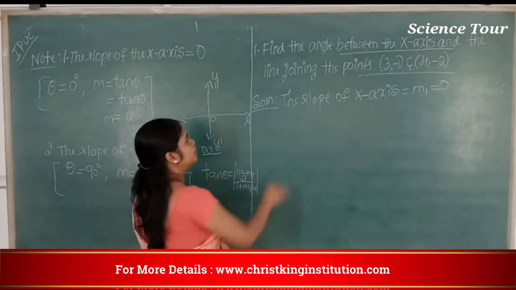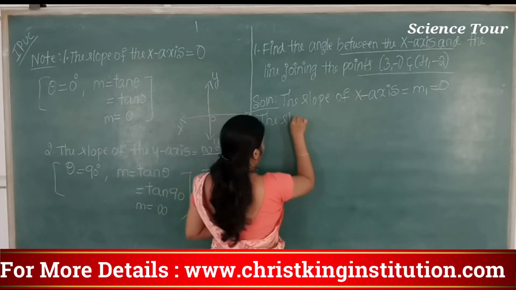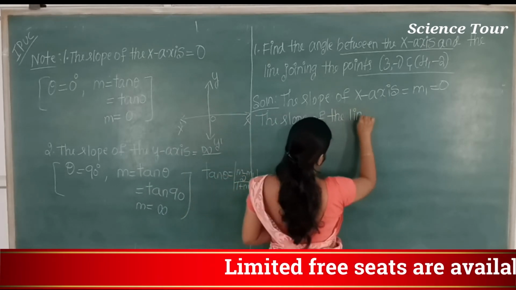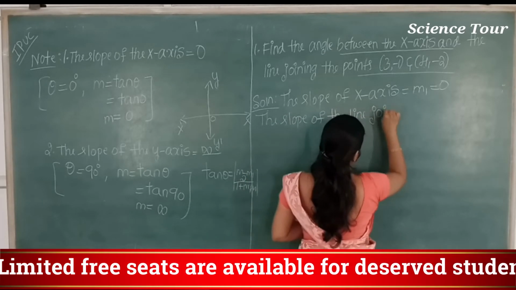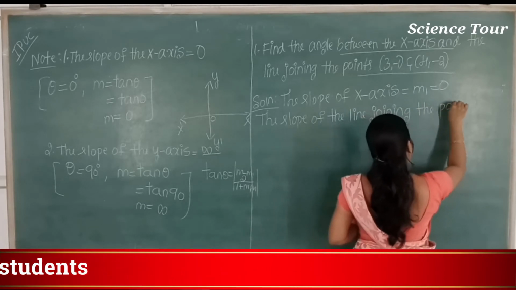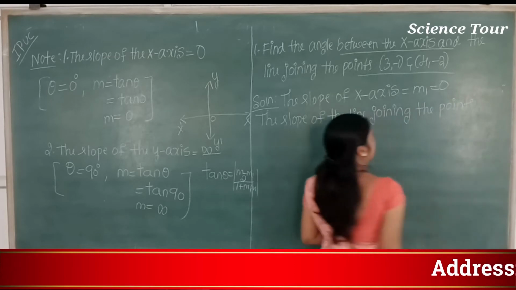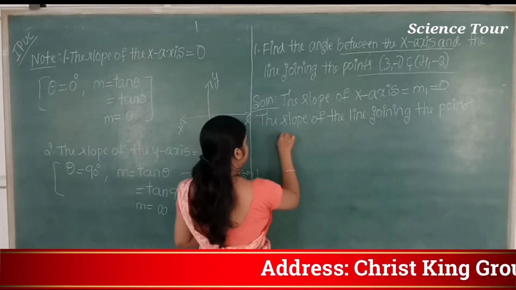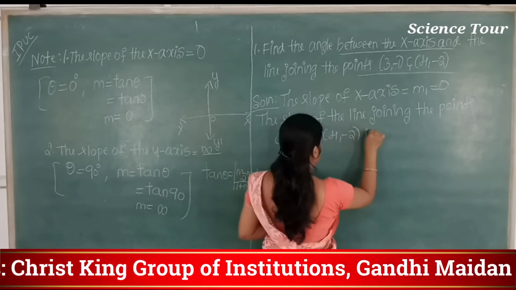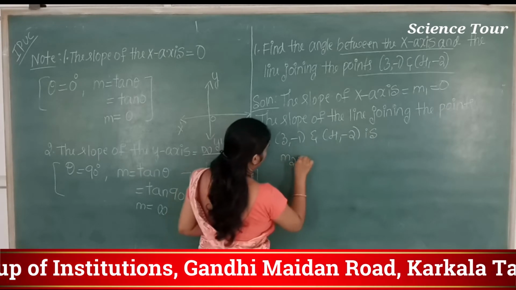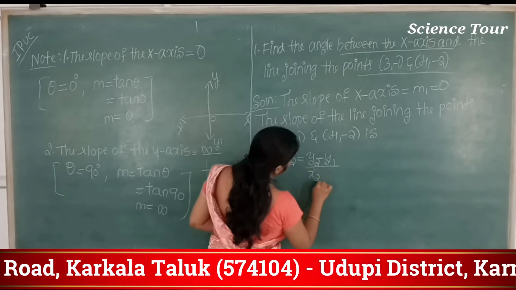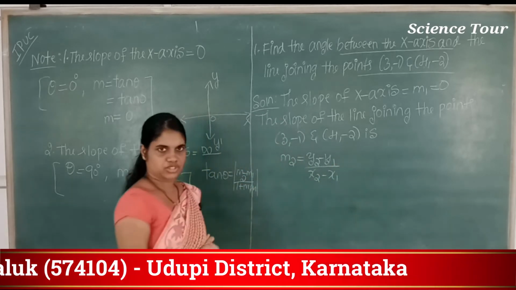The slope of the line joining the points 3 comma minus 1 and 4 comma minus 2 is m2 is equal to, what is the formula to find slope if we have 2 points? y2 minus y1 by x2 minus x1, isn't it?